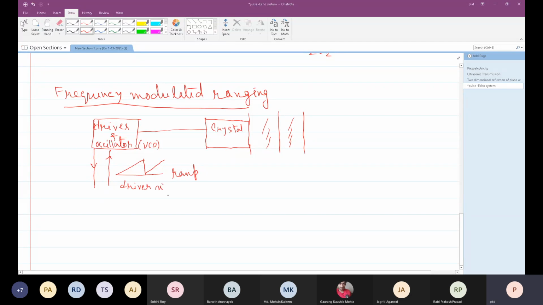This is the driver signal. This is the measured signal. A multiplier.